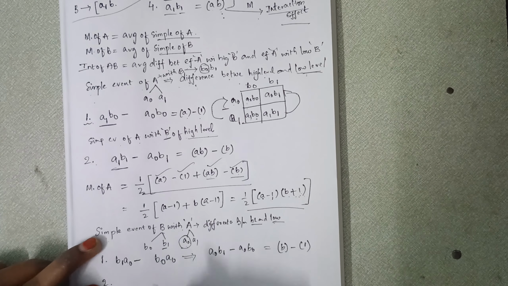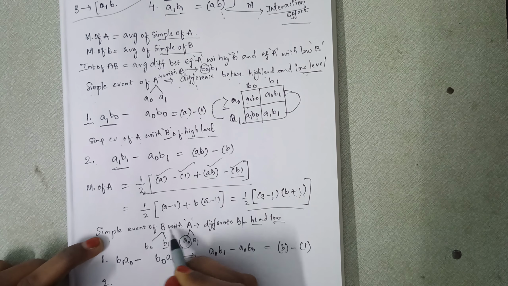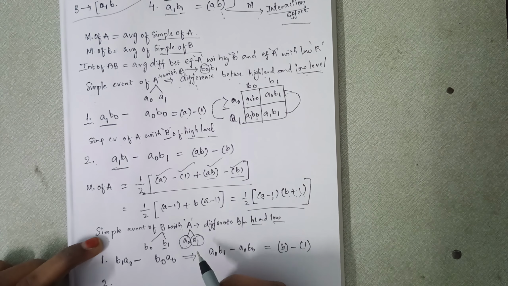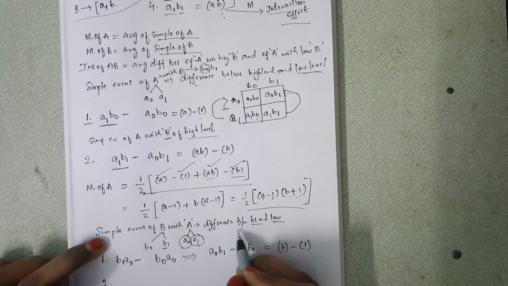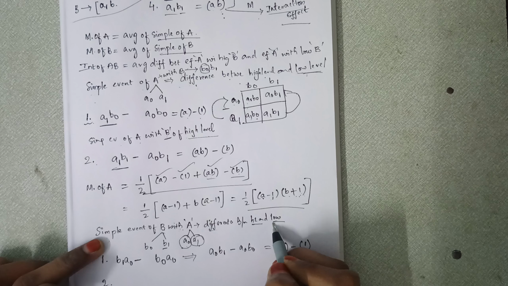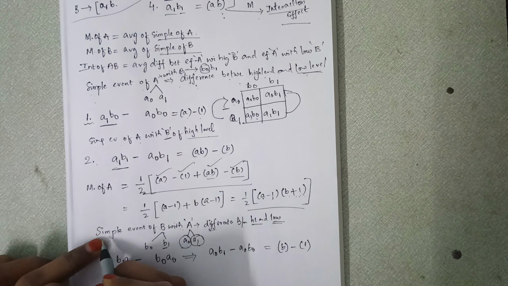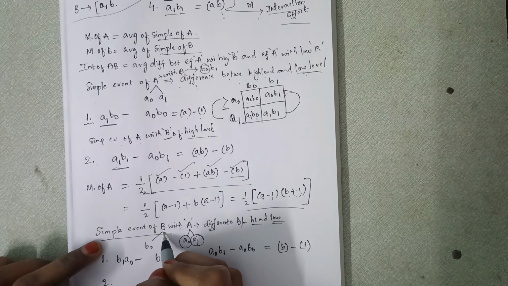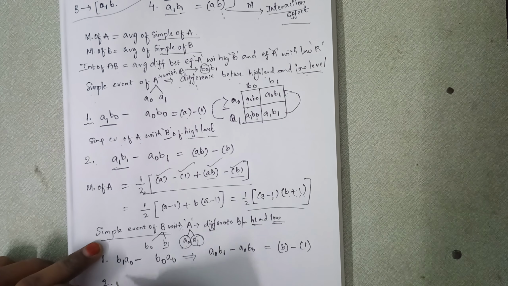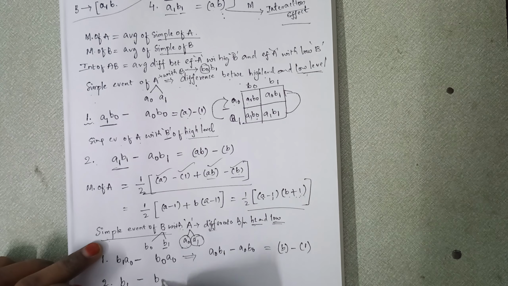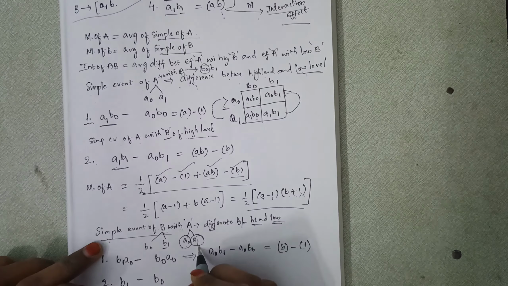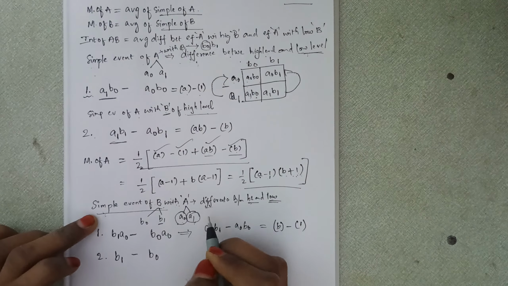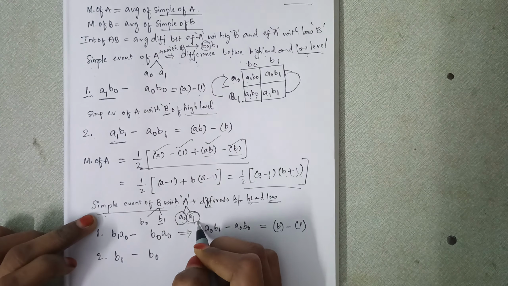And now we need to calculate the simple event of B with high level of A. This is the high level of A, right? Again the formula is the same, difference between high level and low level. So here we are finding the simple event of B. The high level is B1 minus low level B0, and we are finding the simple event of B with high level of A. Here the high level is A1.